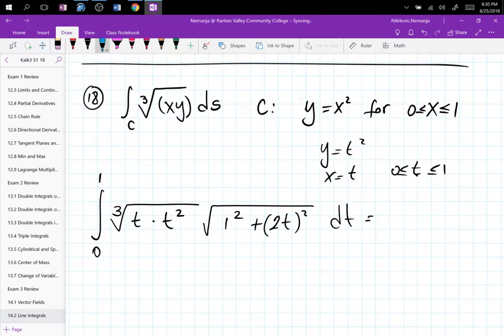I'm just going to make sure that one more time you understand that this thingy over here is the magnitude of r prime. Also, when you have parametric equations, your r of t is given by t, t squared.